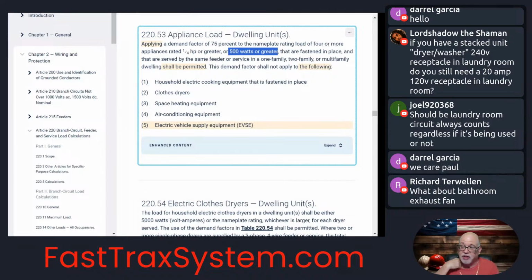So no. Now, years ago, there was a problem before this language made it into the 2020, there were people stacking these little motors in order to try to bump them into being able to have 4 or more. And I'll be honest with you, I don't know why they would do that, because in the real world, nobody's going to be using the standard method to size their service for a dwelling.